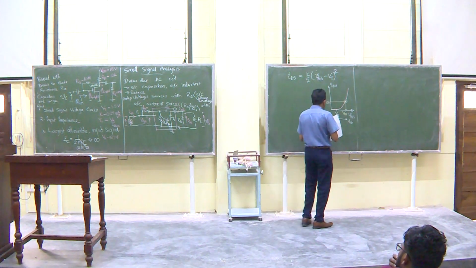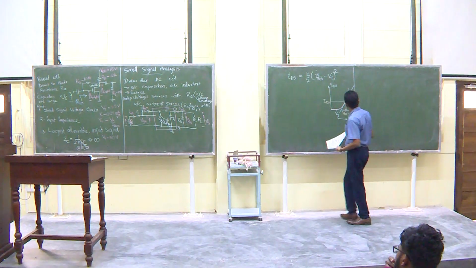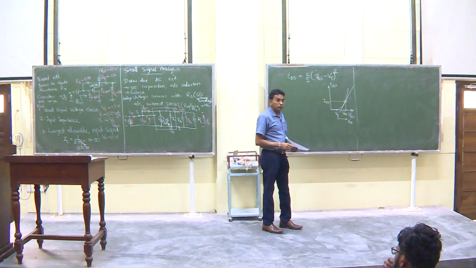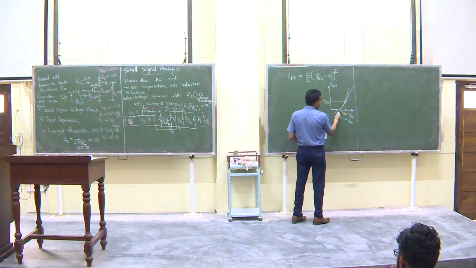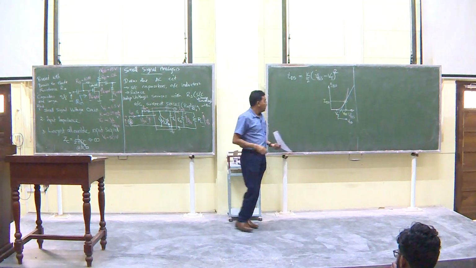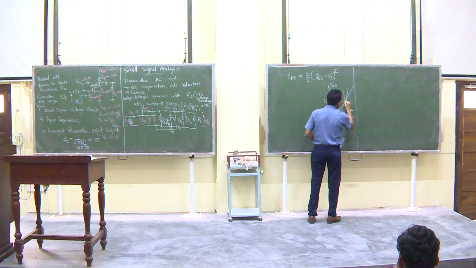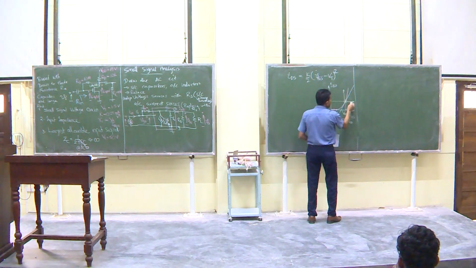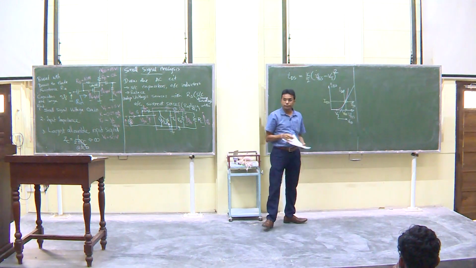So what you have here, if you draw a line like this through that, this specifies the relationship between these two, because what you have here is two axes. This is v_gs, this is i_ds.